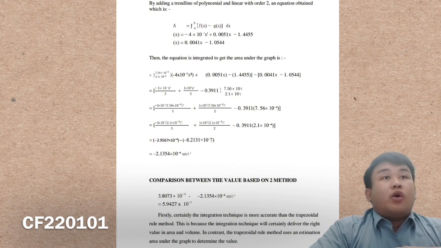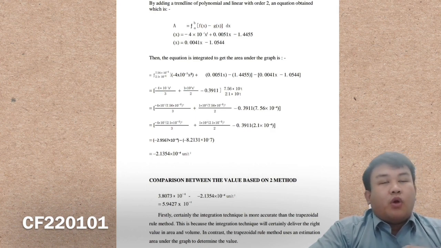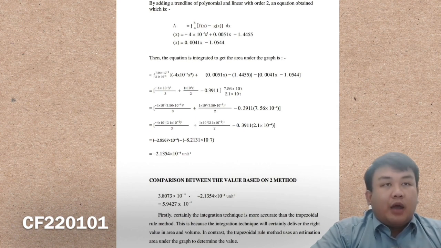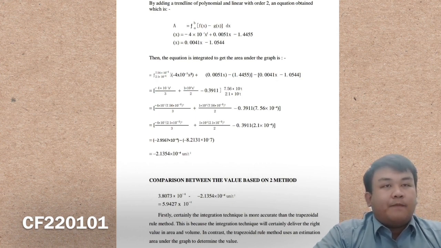By adding a polynomial trend line of order 2, the equation obtained for equation 1 is negative 4 times 10 to the power of negative 7 times x squared plus 0.0051 times x minus 1.4455, and for equation 2 we got 0.0041x minus 1.0544.